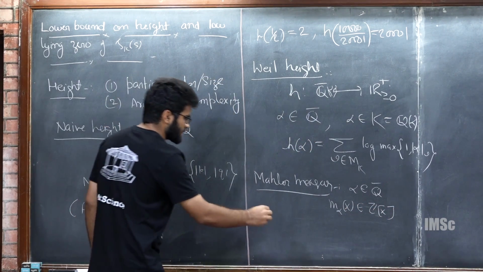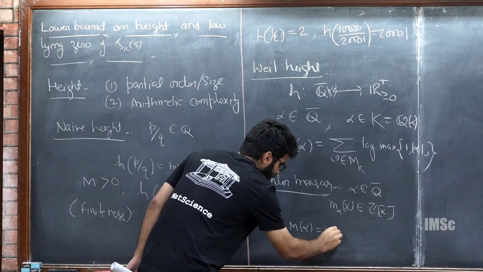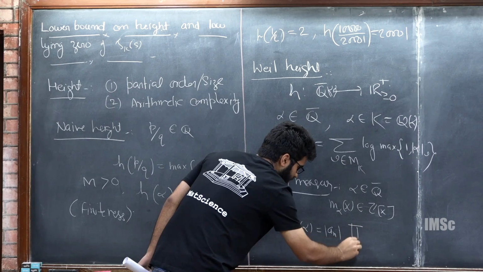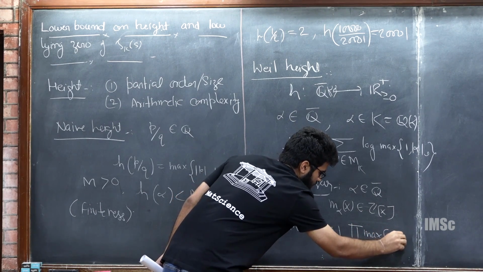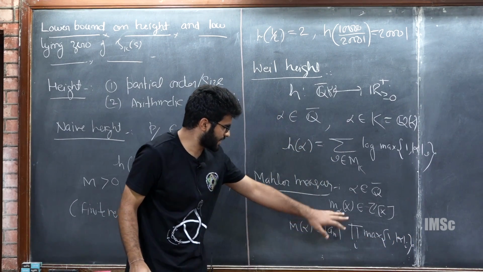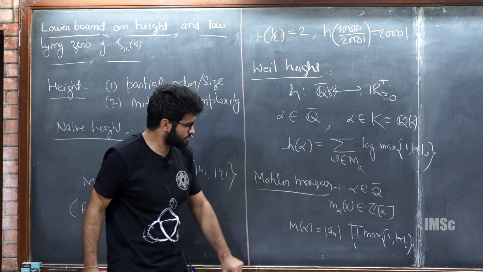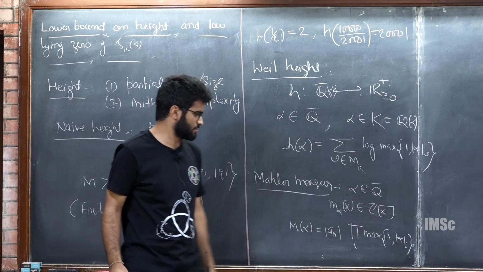Its Mahler measure is defined as the modulus of a_n times the product of max of 1 and modulus of alpha_i. Here a_n is the leading coefficient of m_alpha(x), and these alpha_i's are the conjugates of alpha in the complex numbers.